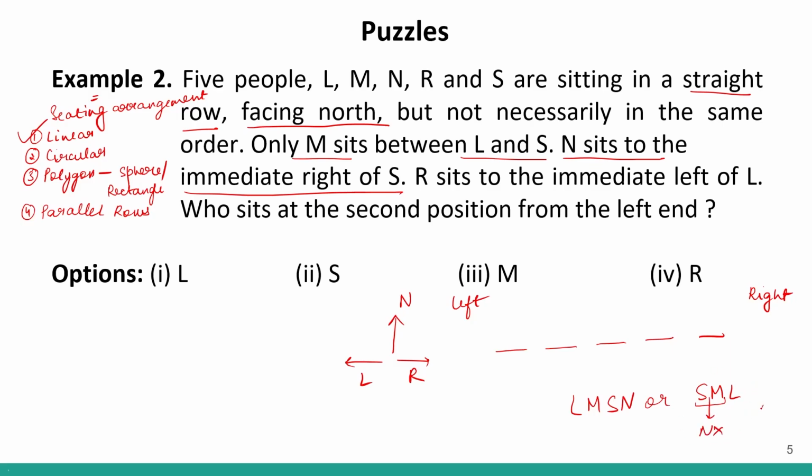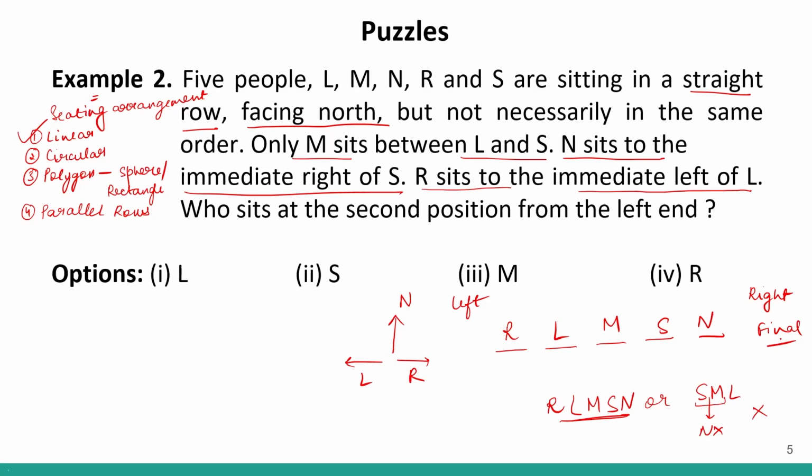So this is not the correct possibility. I will stick with this one. Okay. Now it is given to us R sits to the immediate left of L. So R will come here. So my final arrangement will be R, L, M, S and then N. This will be my final arrangement.